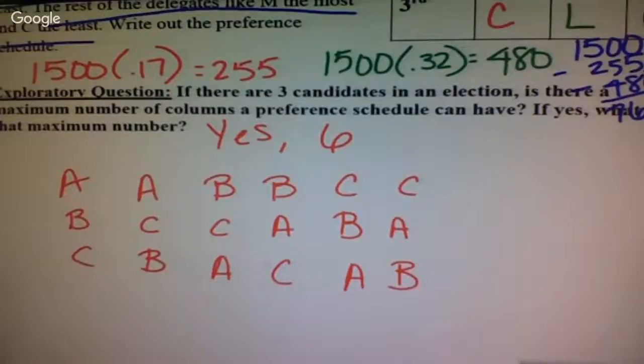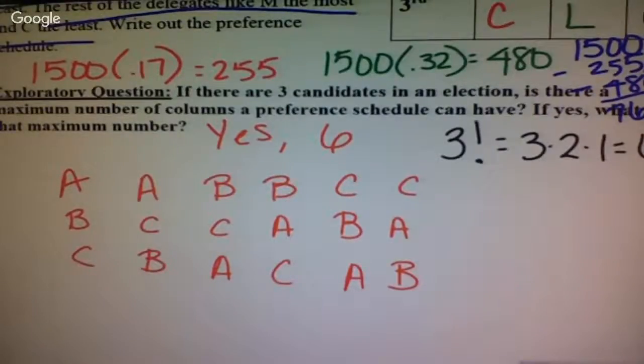The way that they find that is a mathematical equation called factorial. So I have 3 candidates, and if I factorialize that, which is an exclamation point in that class, what this tells you to do is start at the number 3 and multiply it by every number below it. So 3 times 2 times 1, there are 6 that you can have.